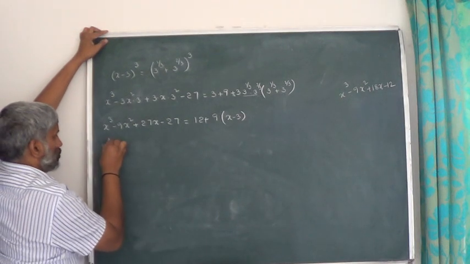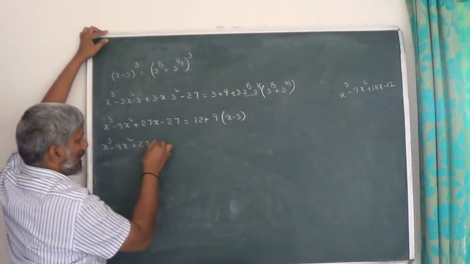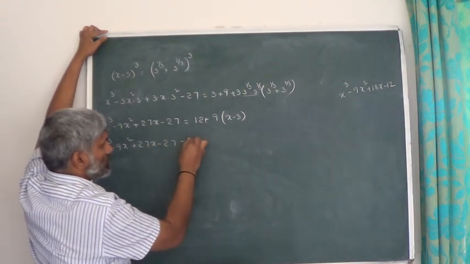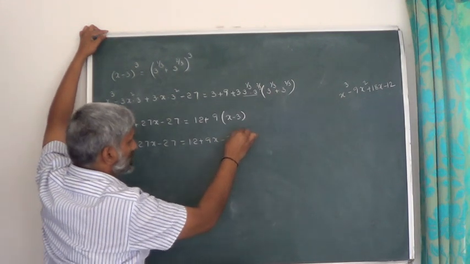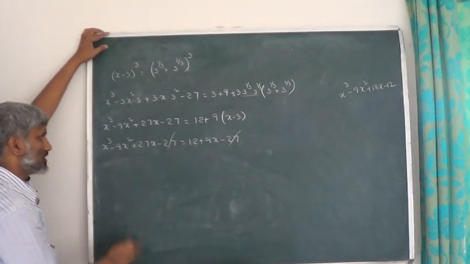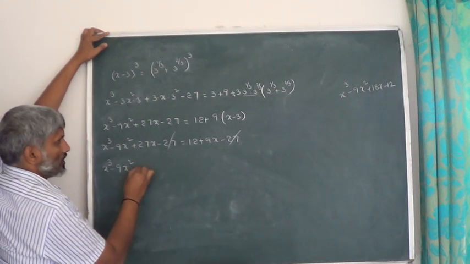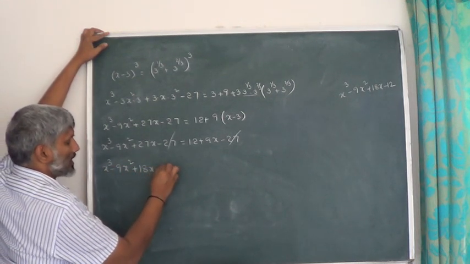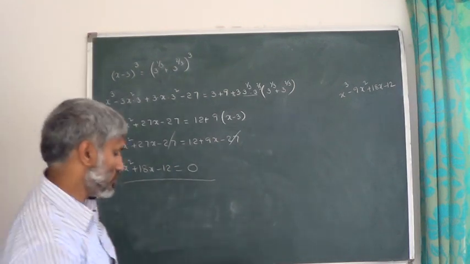So therefore x cube minus 9x square plus 27x minus 27 is equal to 12 plus 9x minus 27. 27 cancelled. So we are getting x cube minus 9x square plus 18x minus 12, that value only is asked, is equal to 0.